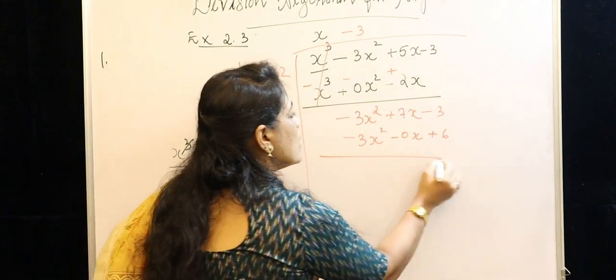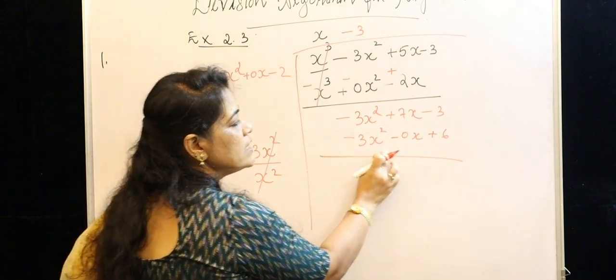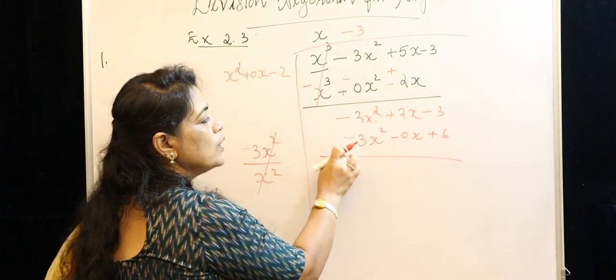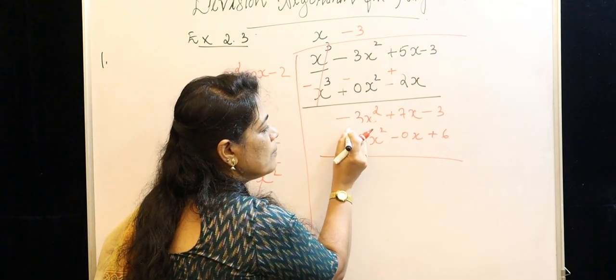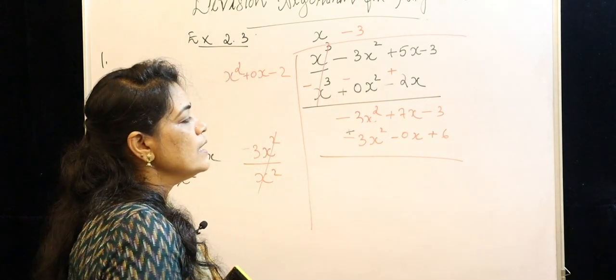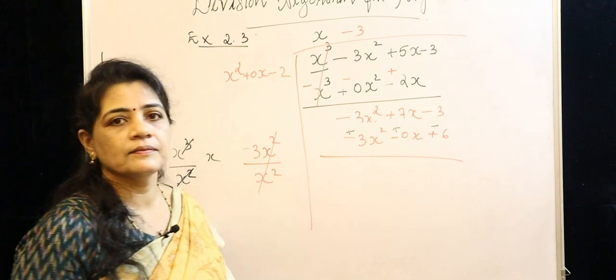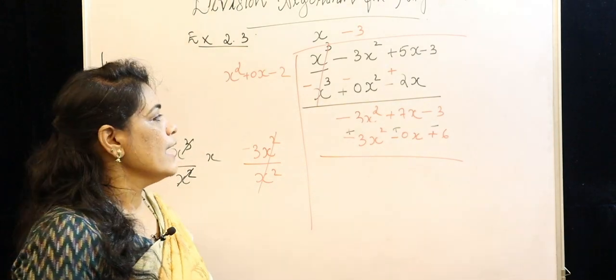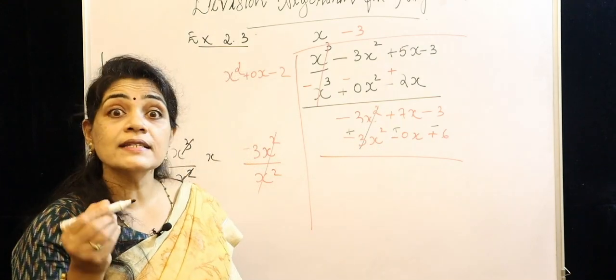Now, just as we change the sign, the same way we have to change the sign of this polynomial. That is, this plus 3x square becomes minus 3x square, and then plus 3x square. Now this also plus, and plus 6 becomes minus 6. Now we can add, that is minus 3x square plus 3x square.